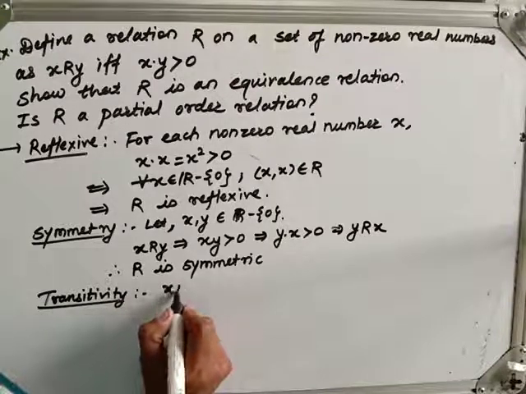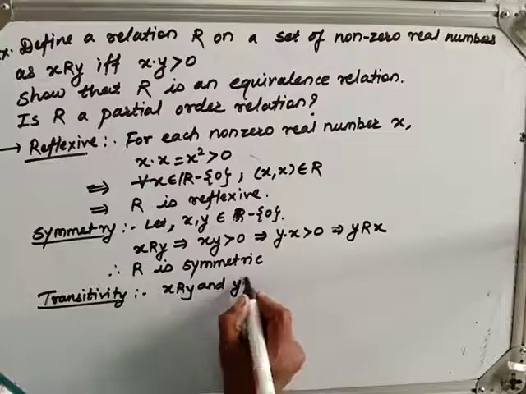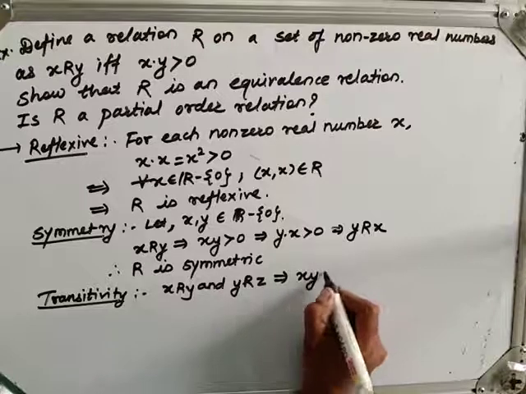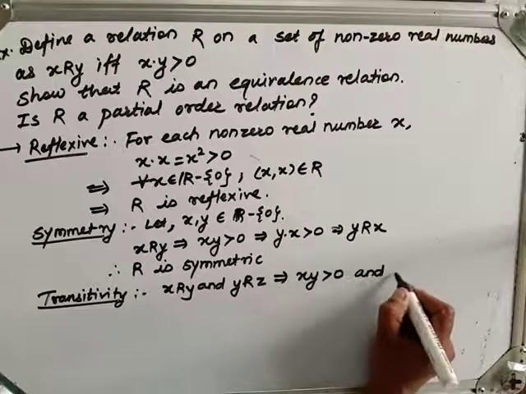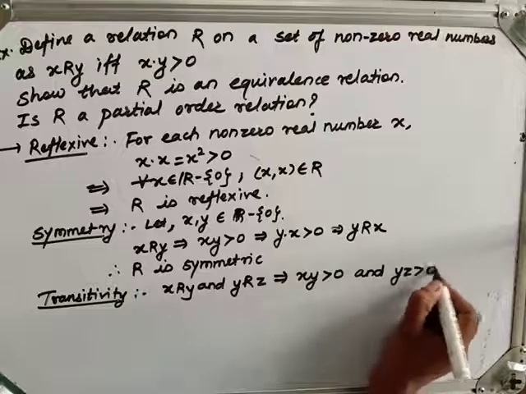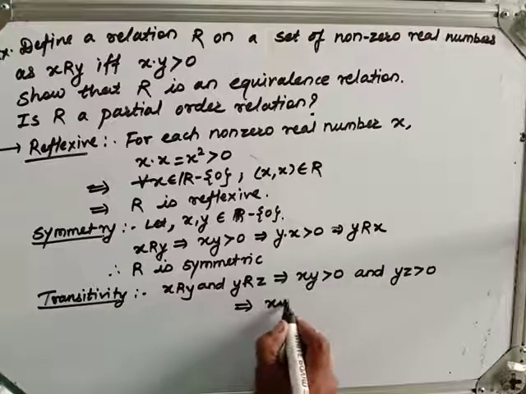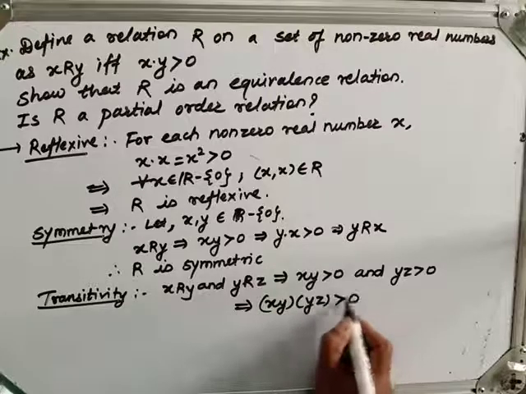Now transitivity. As x related to y and y related to z, that implies xy is positive and yz is also positive. So that tells us xy times yz is also positive.